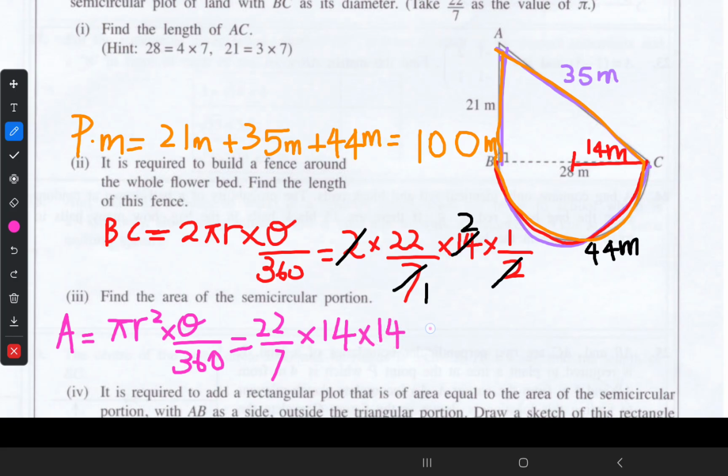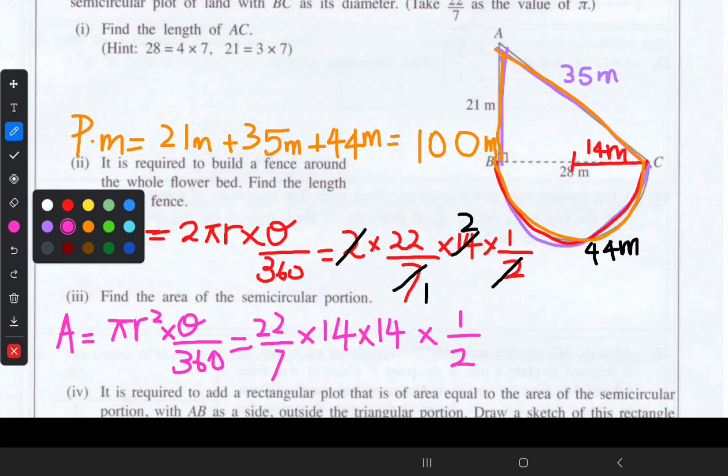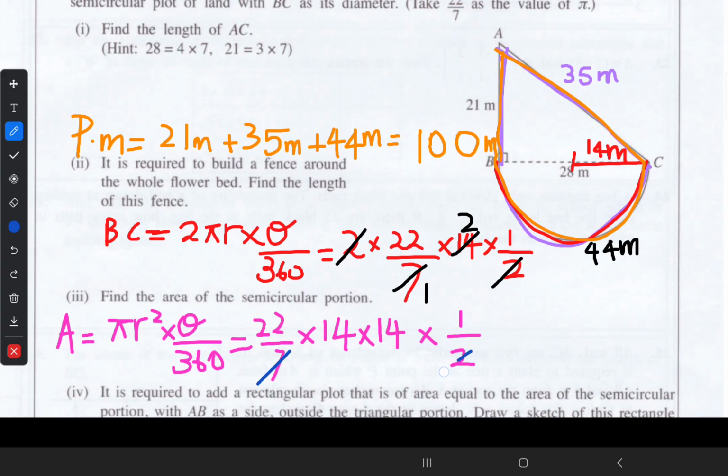Hence it is a semicircle, we can use the fraction as 1 upon 2. After that, we have to simplify this further. 7 and 2 can be simplified with this 14. And 22 times 14 is 308 square meters. 308 square meters is the area of the semicircular portion.